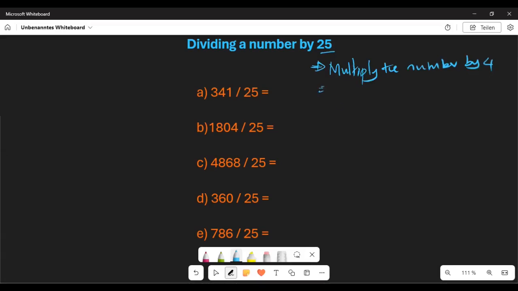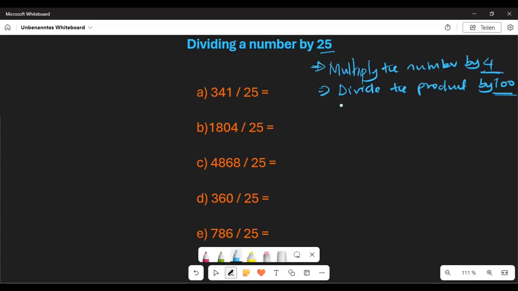And second, divide the product by 100. Like we did in the previous video where we looked at how to divide a number by 50, in this case we're going to divide the product by 100, but we are going to multiply by 4.